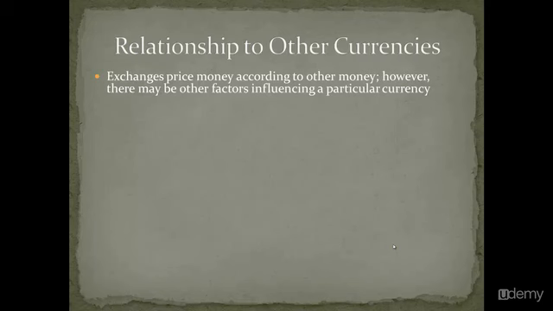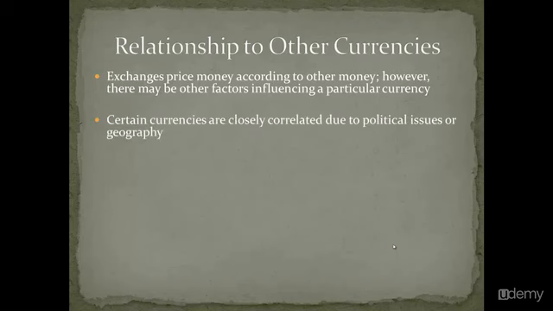So it's important, if you're an economist, if you're a trader, to understand which currencies are very closely tied together. The US dollar and the Iranian money is not very closely tied together. US dollar and the money of North Korea are not very closely tied together, because we have very strained political relationships with these governments and we don't trade with them.